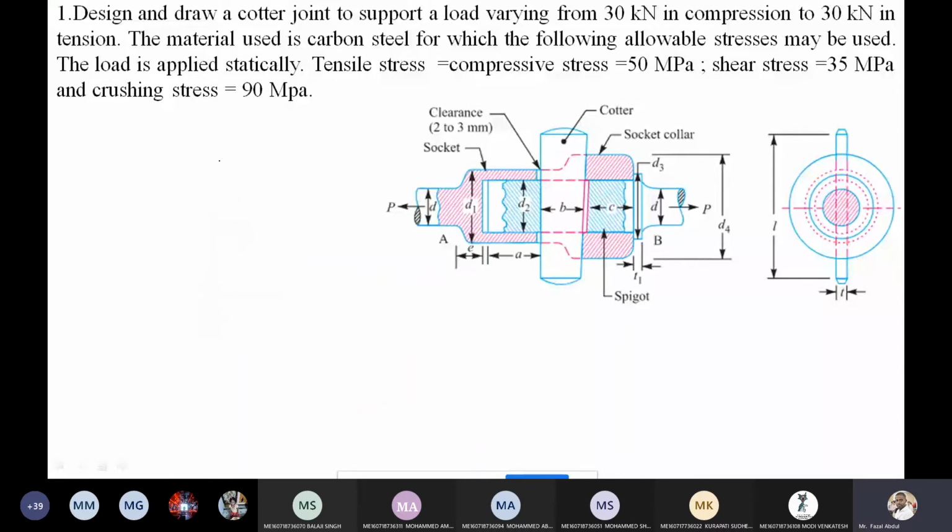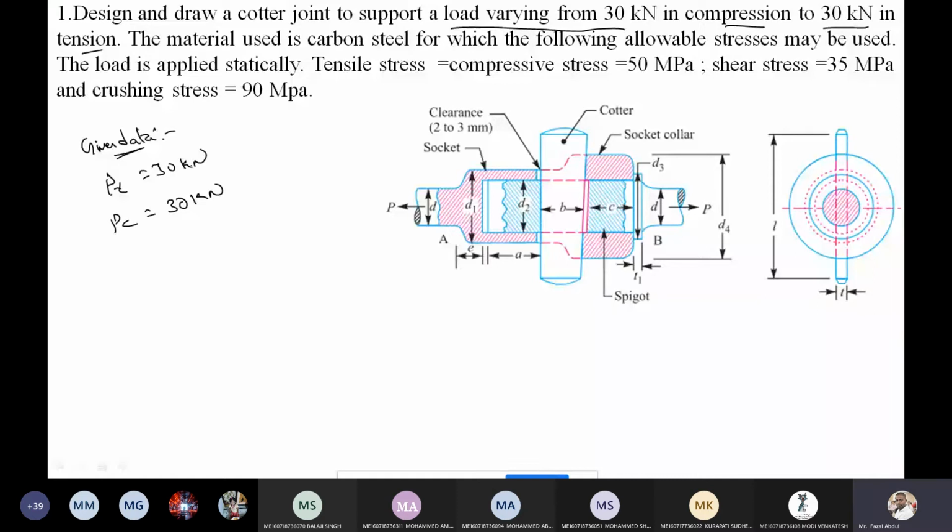Now, design and draw the quarter joint to support a load varying from 30 kilonewton compression to 30 kilonewtons in tension. It means given data: tensile load is 30 kilonewtons, compression load is 30 kilonewtons.